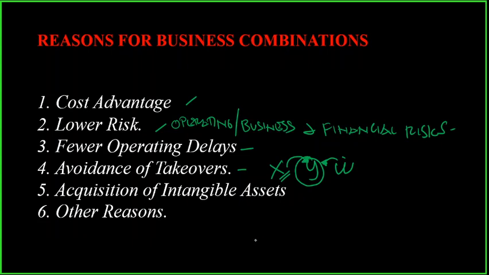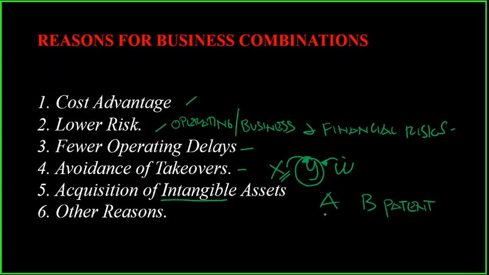And then you have number 5, acquisition of intangible assets. For example, you have company A and company B, wherein B owns a patent. Let's assume that B is a pharmaceutical company and B owns a patent of a certain vaccine.